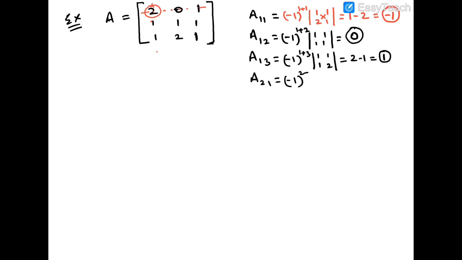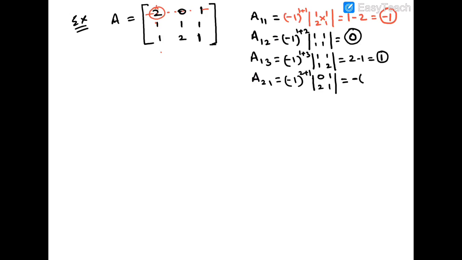Similarly, we can find the cofactors for the elements in the second row and third row. A21 is (-1) to the power 2 plus 1 times the determinant of 0 1, 2 1, which will give us minus minus 2, that is 2. Now for A22, that is (-1) to the power 2 plus 2 times 2 1, 1 1, and it will give us 1.